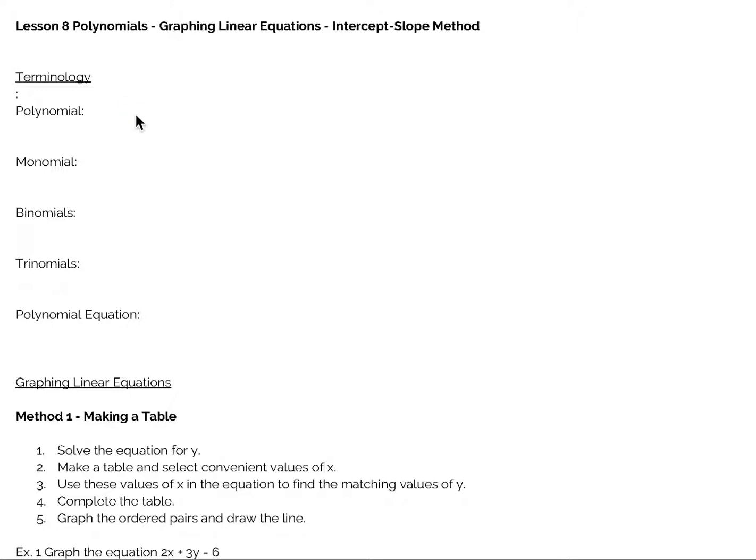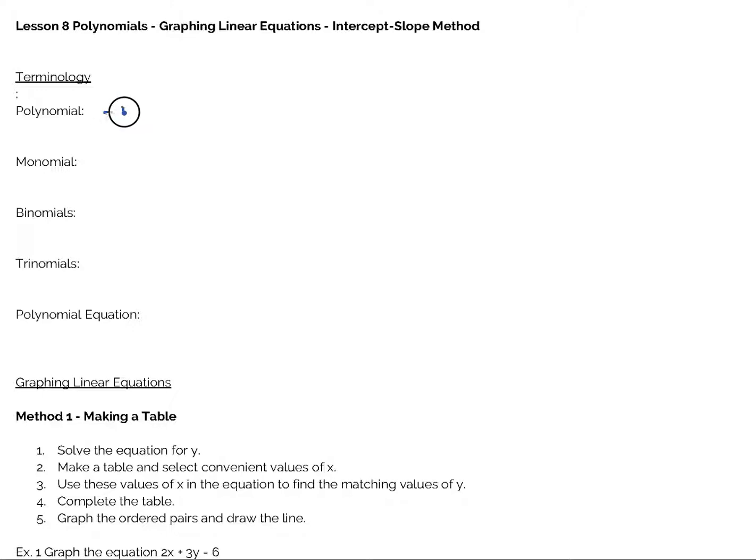is like an expression, like in English, how you have sentences and then you have fragments, you have clauses and phrases. Polynomial is not a complete sentence. So a polynomial is just a group of terms put together. So I'll just show you some examples of a polynomial.